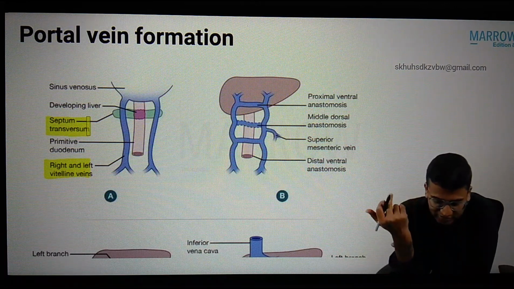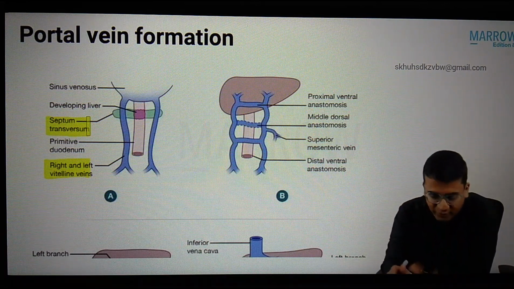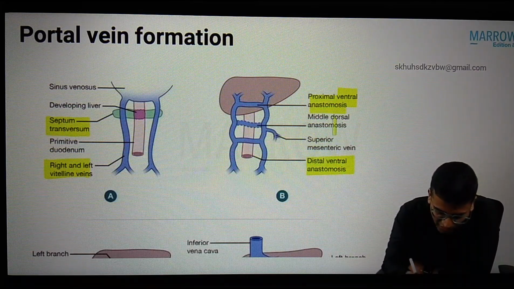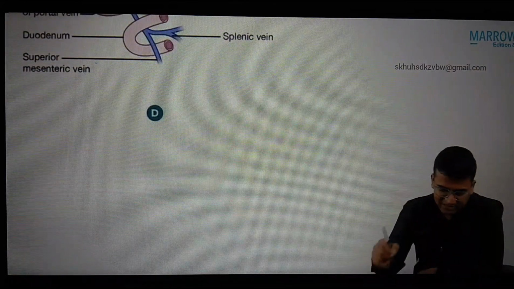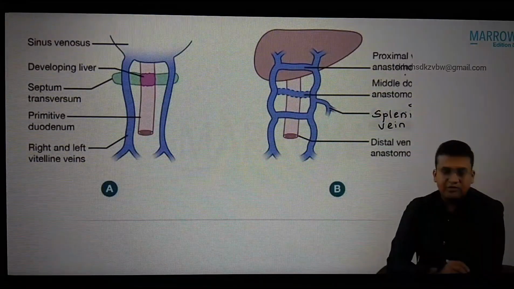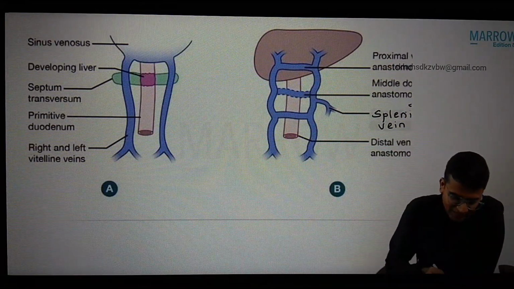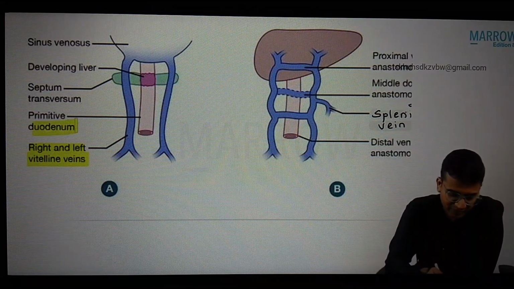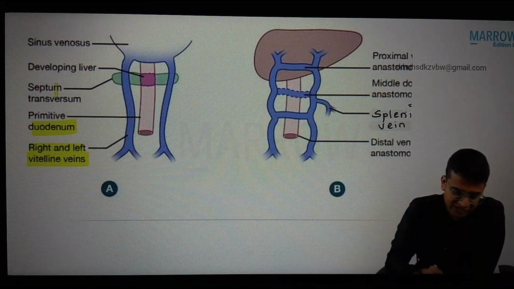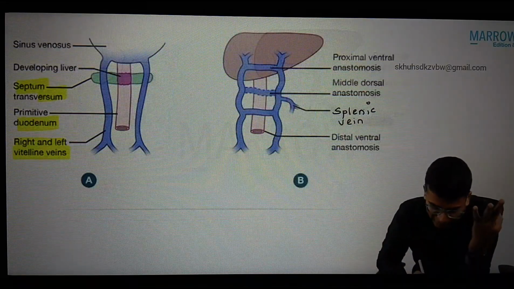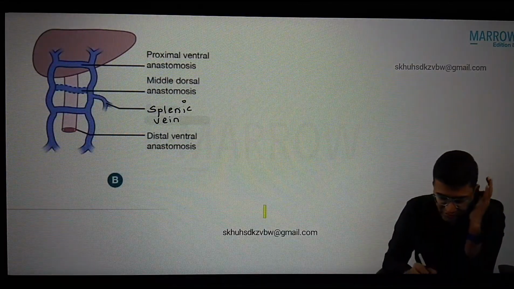Now see the actual diagram. The right and left vitelline veins are passing on either side of duodenum. Before opening into sinus venosus, they pass through septum transversum. I told you we have 3 anastomoses. Okay, what are those?